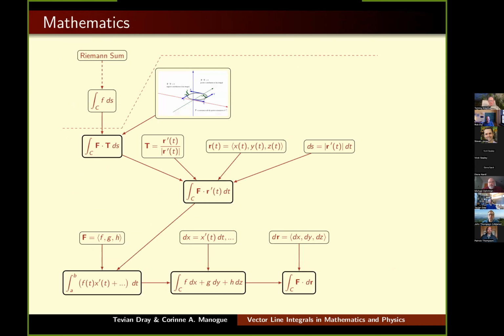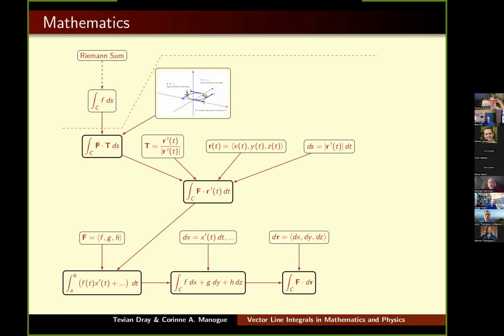So what we did is we examined a couple of standard textbooks. This one is from Briggs Cochran, a standard calculus textbook, trying to diagram the way vector line integrals are presented in the textbook.